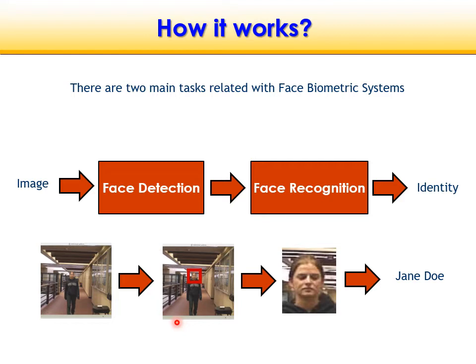For a selfie picture, most of the image will be the face. So segmenting the face properly is very different depending on the scenario and the camera. And then when we have our face located, we will recognize. Recognizing means we will extract features, construct the biometric template, and then compare templates.